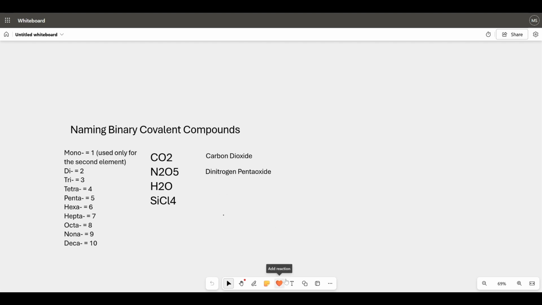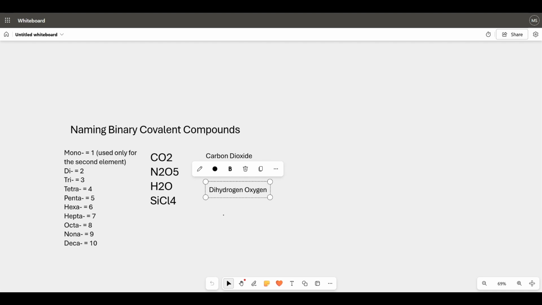Now let's move on to water, commonly known as H2O. The first element we know is hydrogen. But since there's two hydrogen atoms, we would have to change this to dihydrogen. And now let's look at the second element. The second element is oxygen.